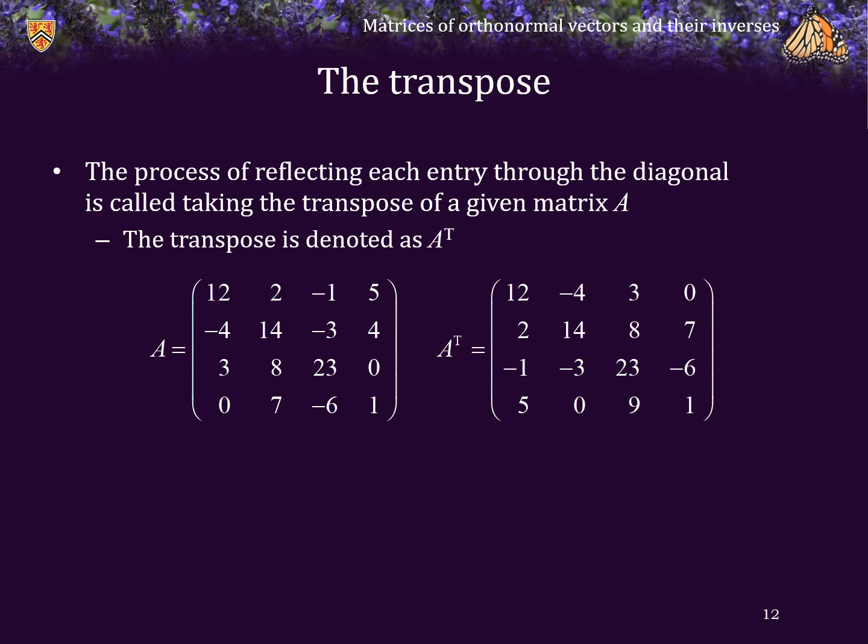We also flip the entries negative 1 and 3, the entries in the corners 0 and 5, the entries 7 and 4, 0 and negative 6, and in the middle 8 and negative 3. So again, given any matrix A, we can calculate or denote the transpose by A superscript T, and that is all of the entries in A mirrored through the diagonal.